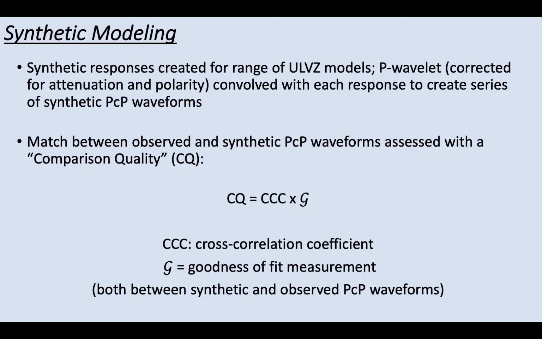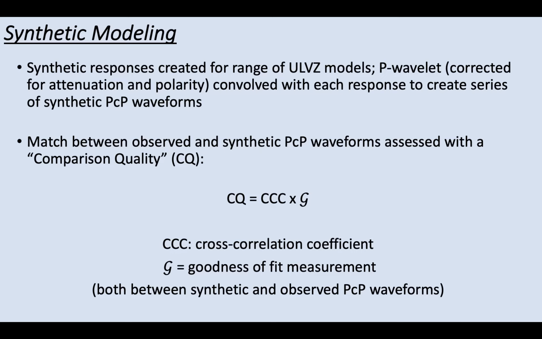So once we narrowed down the events of interest, we then wanted to do some synthetic modeling to try to get at, again, what is the ULVZ structure. To do this, we used our HIPR weighted P stacks, and we extracted a P wavelet from those stacks, which were corrected for attenuation and polarity. I can talk about that more later if people are interested.